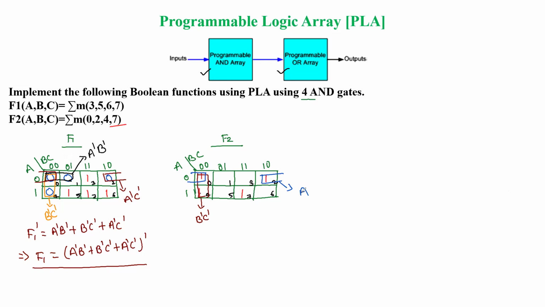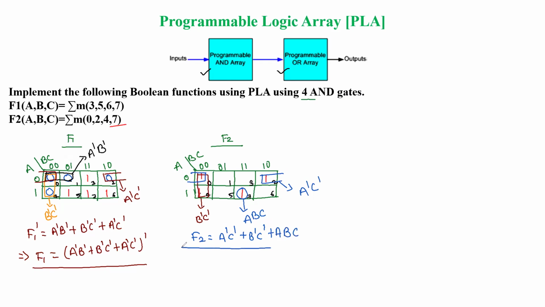Row wise common is A dash, column wise common is C dash. Now this one is left isolated, so it is not coming in any combination. Here row wise common is A, column wise we have A, B, C. So this function F2 is A dash, C dash plus B dash, C dash plus A, B, C.